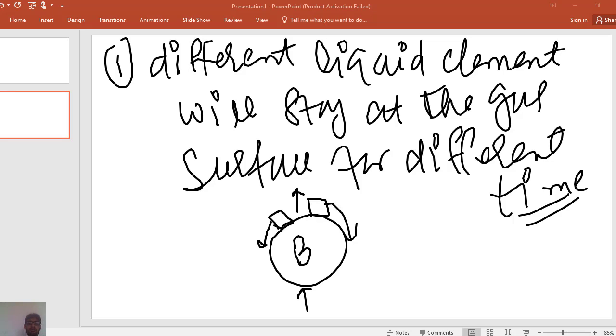So in this theory, it is assumed that different liquid elements will stay at the bubble surface, or the gas surface, for different times. This is the main assumption of the surface renewal theory.